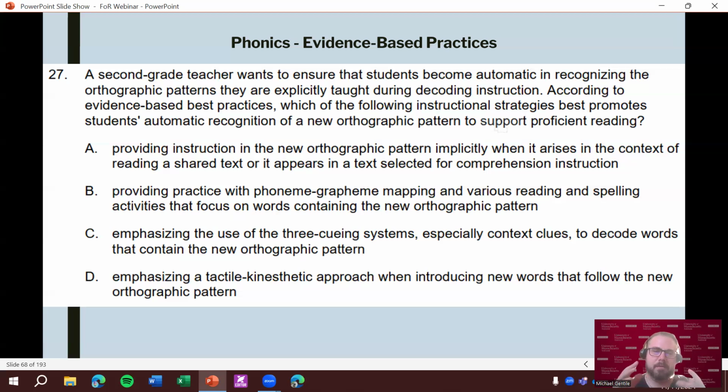Anytime you see tactile kinesthetic, auditory, and the other ones I've kind of forgotten because I haven't looked at the learning style stuff in a long time, you should know that's referencing learning styles, which is debunked educational stuff, and so that cannot possibly be the answer. So be on the lookout for these things: implicitly, three queuing, tactile kinesthetic. Those are all going to be wrong answers for sure.